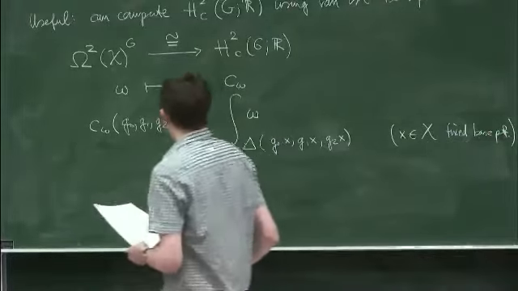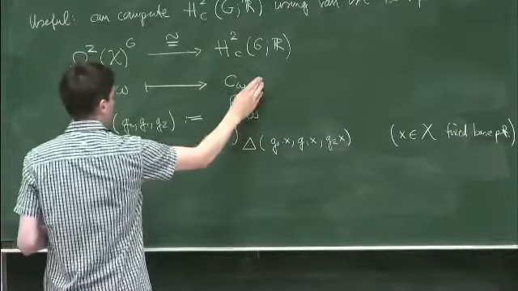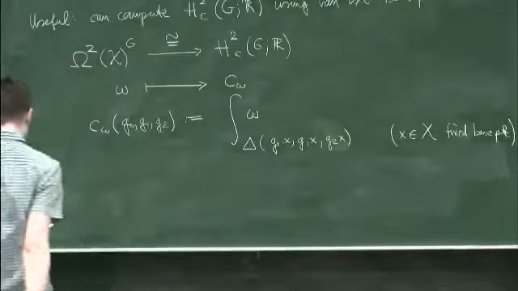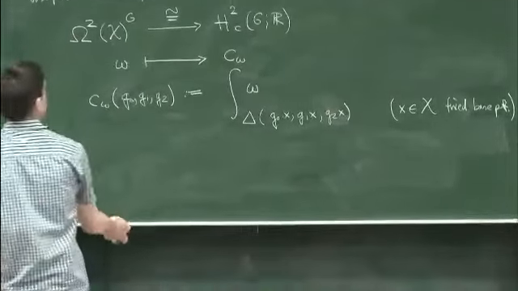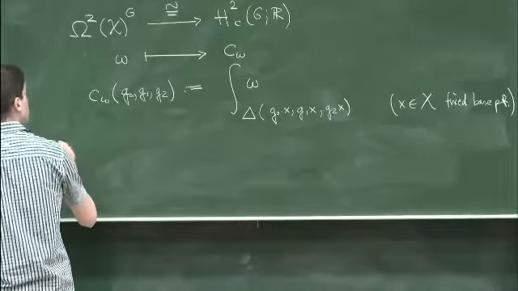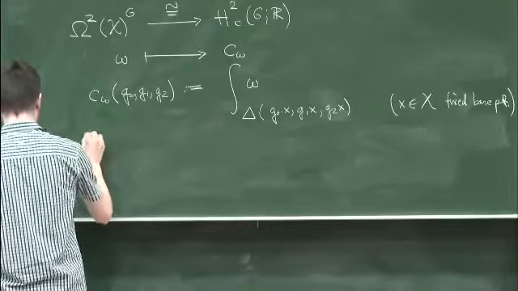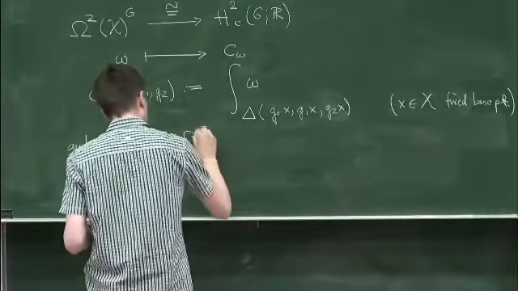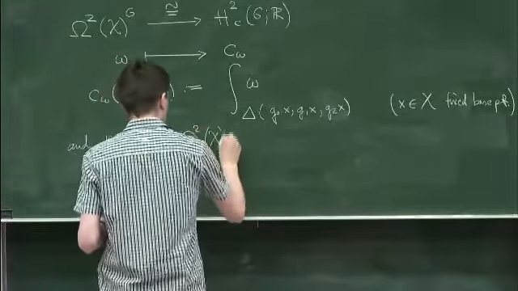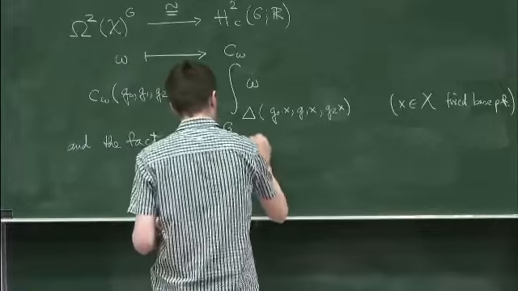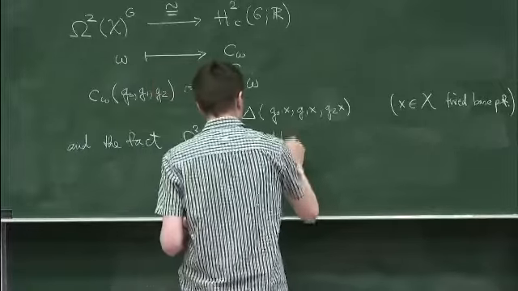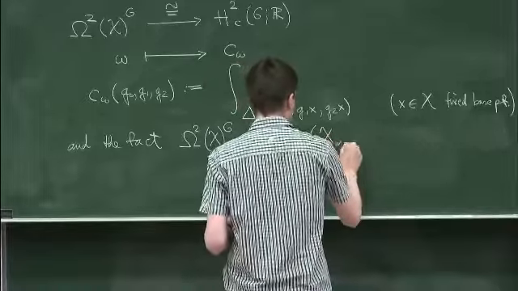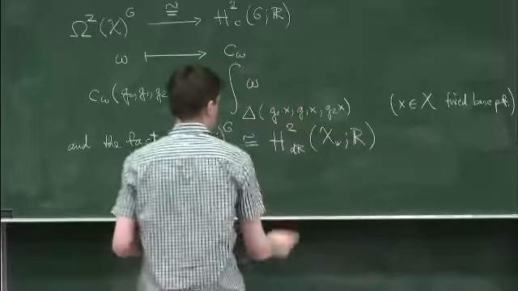So we can associate to any form a cocycle, and then one can prove it's closed, and it gives you this isomorphism. And we can now combine this Van Est isomorphism with the fact that the invariant 2-forms on X are isomorphic to the second de Rham cohomology of the compact dual symmetric space of the symmetric space X.